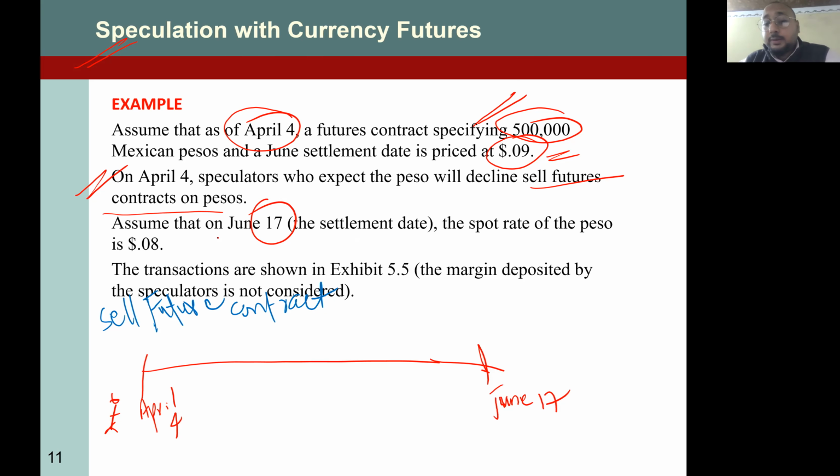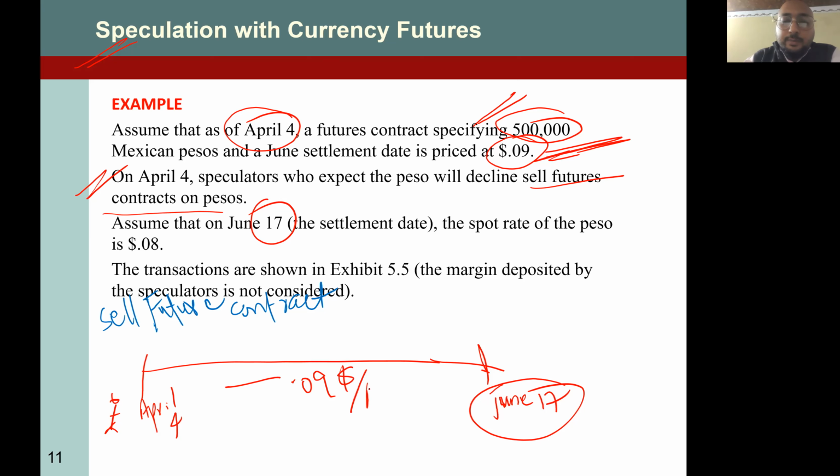Assume that on June 17, the spot rate of the peso is 0.08. So what is your future rate? Future rate is 0.09 dollar over peso.